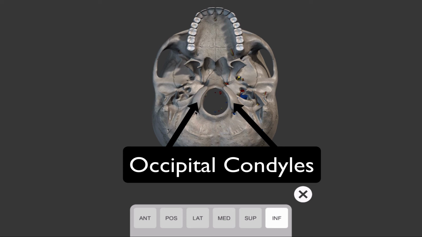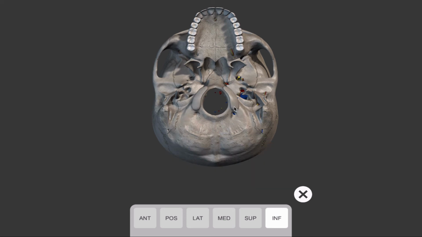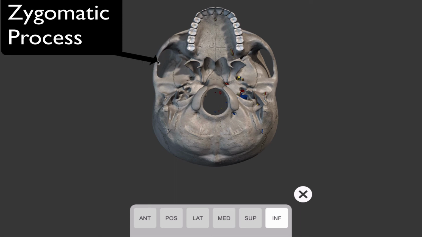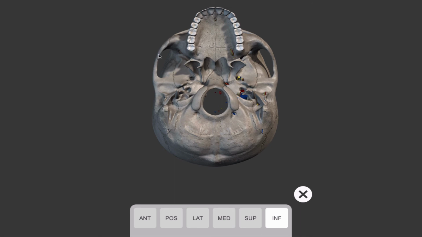These joint surfaces will articulate with the first vertebrae of the spine, which is called the atlas, and this will form the atlanto-occipital joint. Again, notice the zygomatic process right here, which makes up the zygomatic arch.